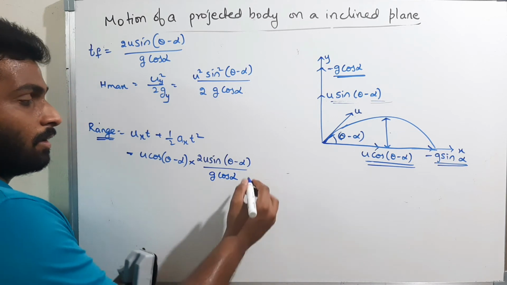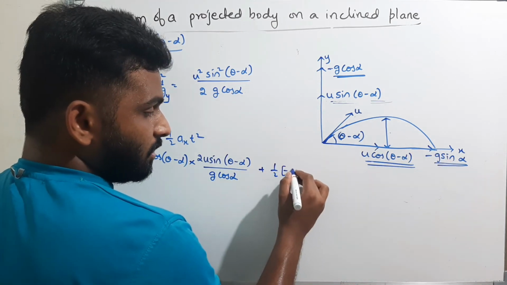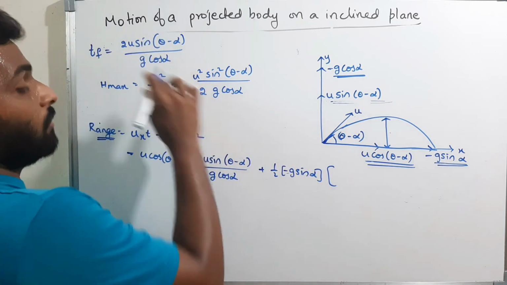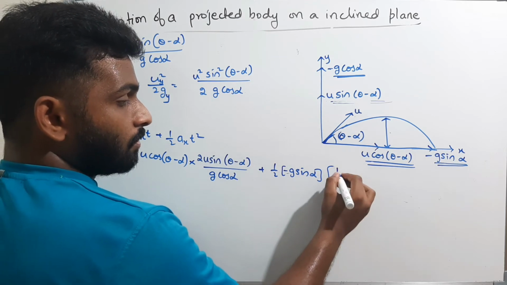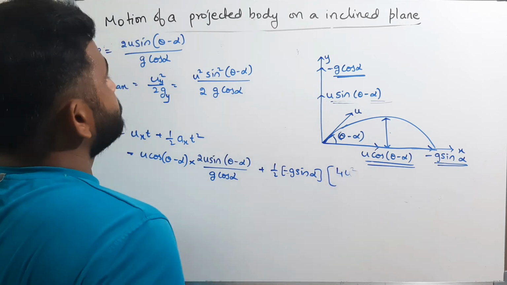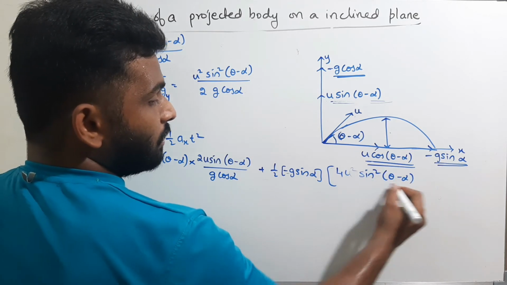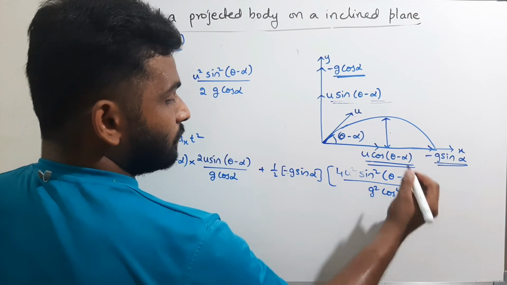Now plus half, the acceleration along the x-axis is minus g sin alpha, into the time of flight squared, that is 4u square sin square(theta minus alpha) by g square cos square alpha.